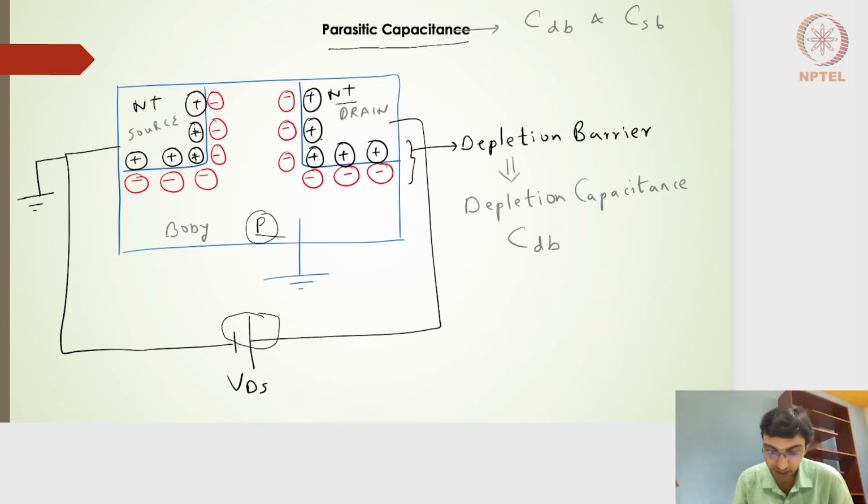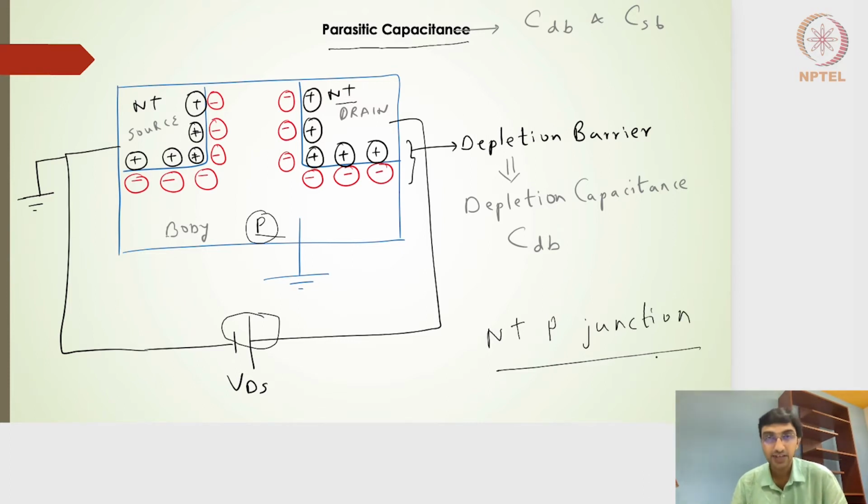So this behaves like an N plus P junction, a diode junction, like a PN junction diode. Whenever there is a potential difference across it, the majority carriers of this N plus drain region, which are the electrons, will be attracted towards the positive side. In fact, this turns out to be a reverse biased PN junction diode.